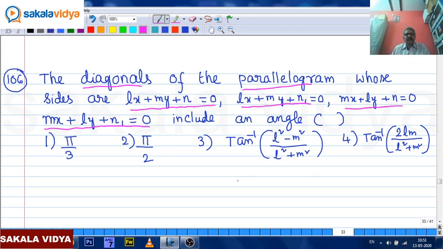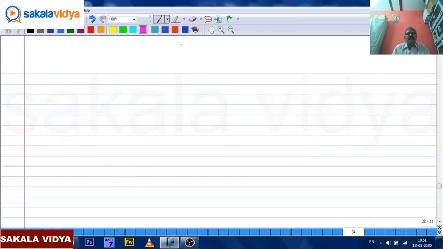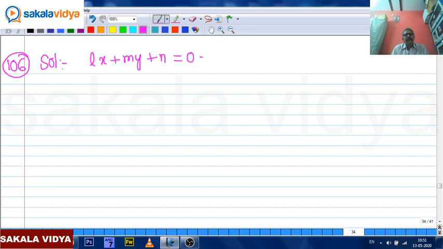So that means first of all, 106, solution. What are the given lines? Lx plus my plus n equals to 0, say equation 1.